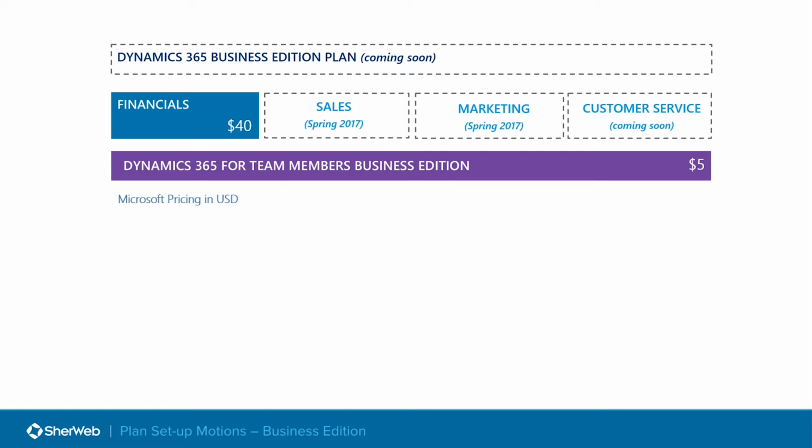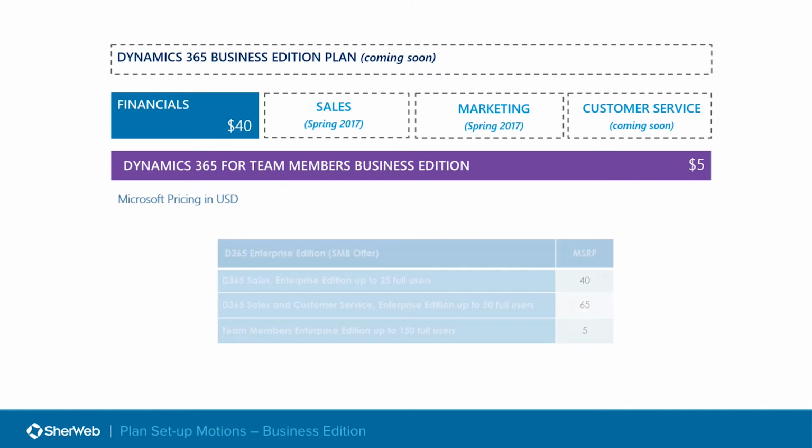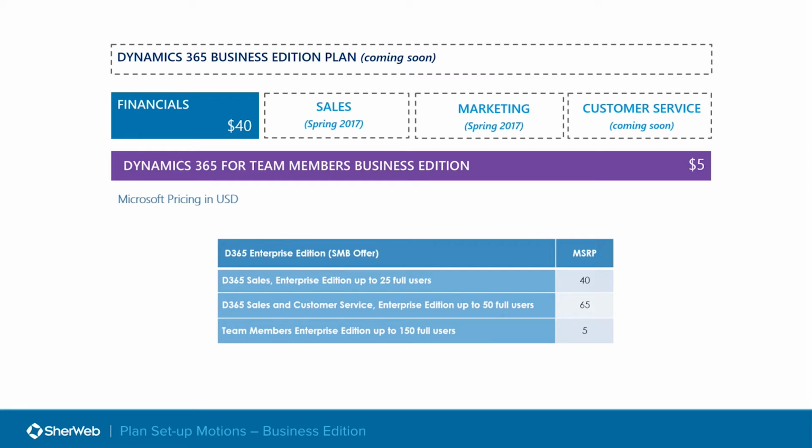It's very easy. So at this time, like you understood, today there is no sales, there is no customer service under Business Edition. So what Microsoft did is running a promotion, okay? So until those applications are coming under the Business Edition, you can sell to your customer the Enterprise Edition of sales for $40 a month, $40, really cheap, up to 25 users.